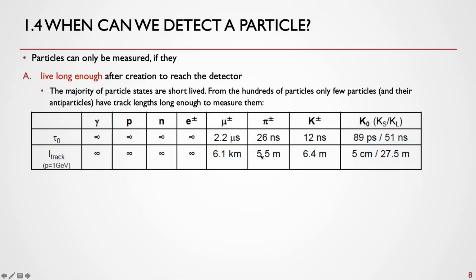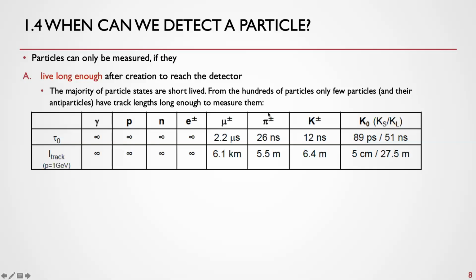Then we have pions, which can reach the detector. They can go on average 5 meters, and kaons a little bit more difficult, but 5 centimeters, a huge distance for vertex reconstructions, are K-shorts. So these are the particles that we reconstruct.